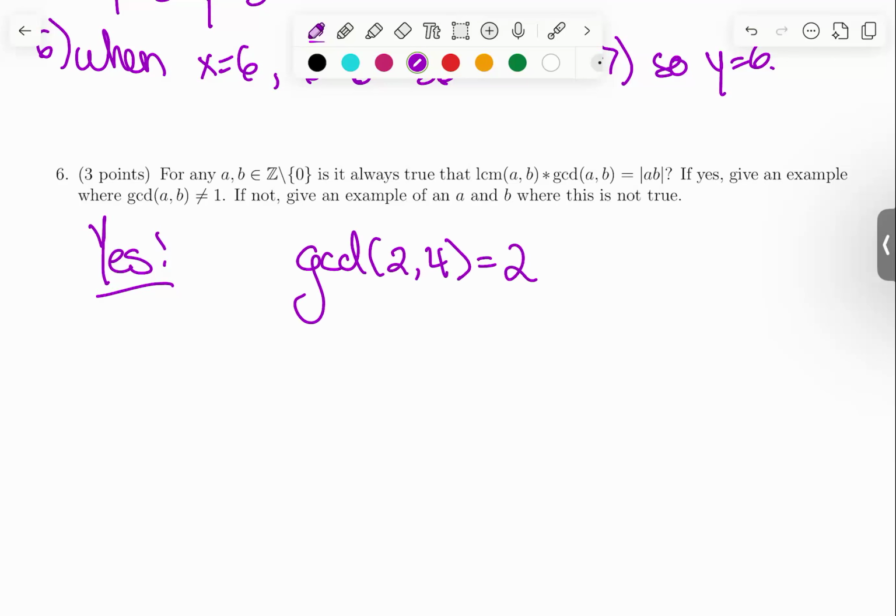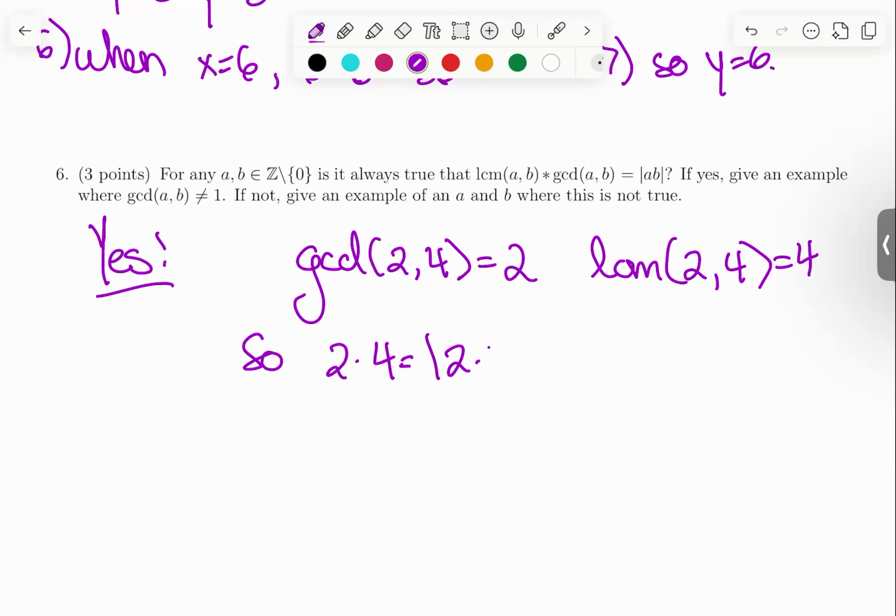Because greatest common divisor. And the LCM of 2 and 4 is 4. So 2 times 4, well, sure enough, that does equal the absolute value of 2 times 4. So a is 2 and b is 4 or something.